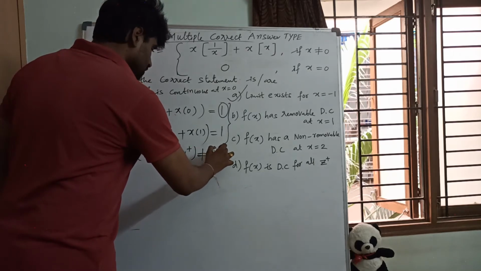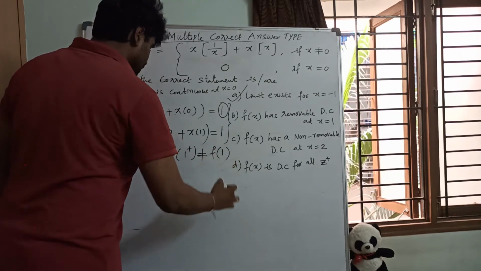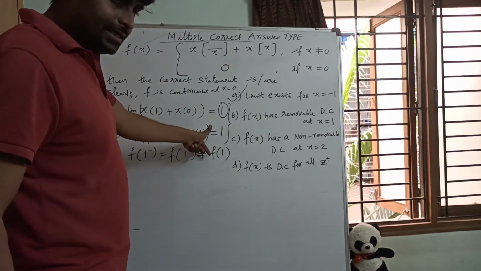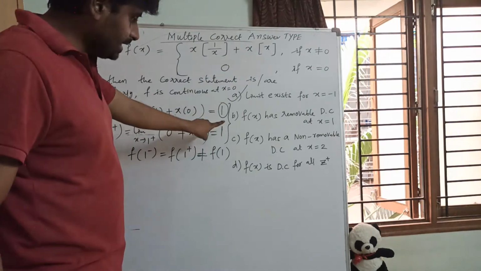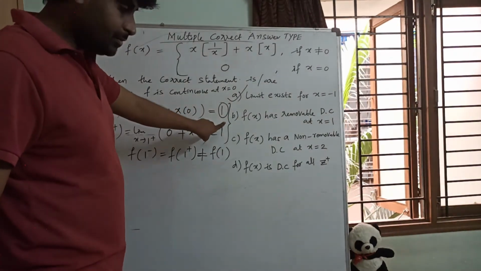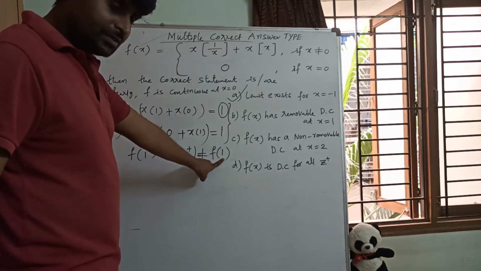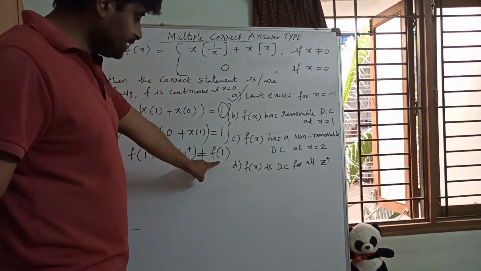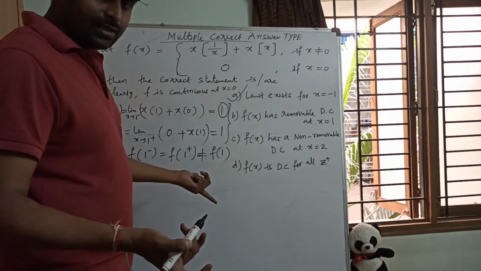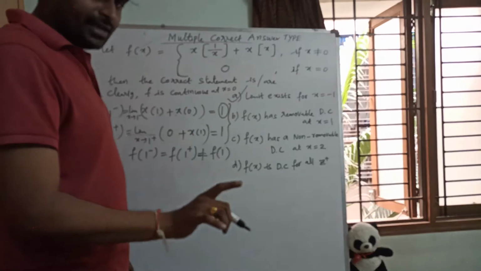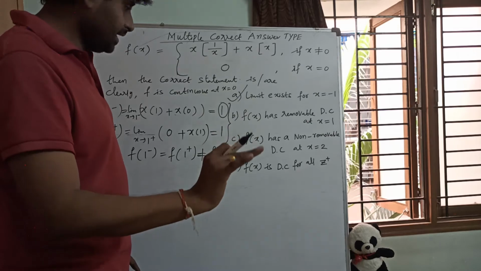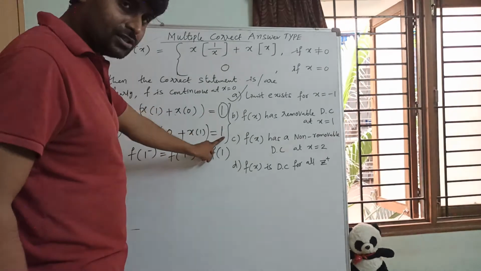We don't know. So until you know the function value, we cannot declare this as continuous, because we don't have the function value. LHL, RHL are equal, but what the function value is we don't know. That means it is a discontinuity, but we can remove it, because LHL, RHL both are equal.